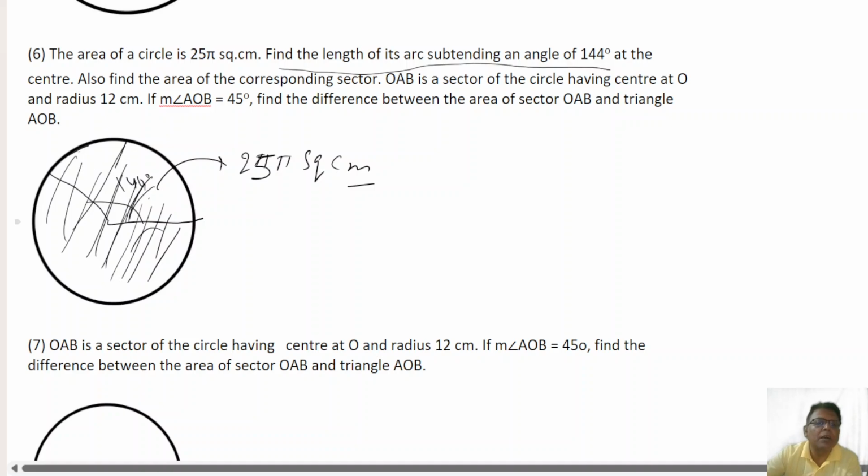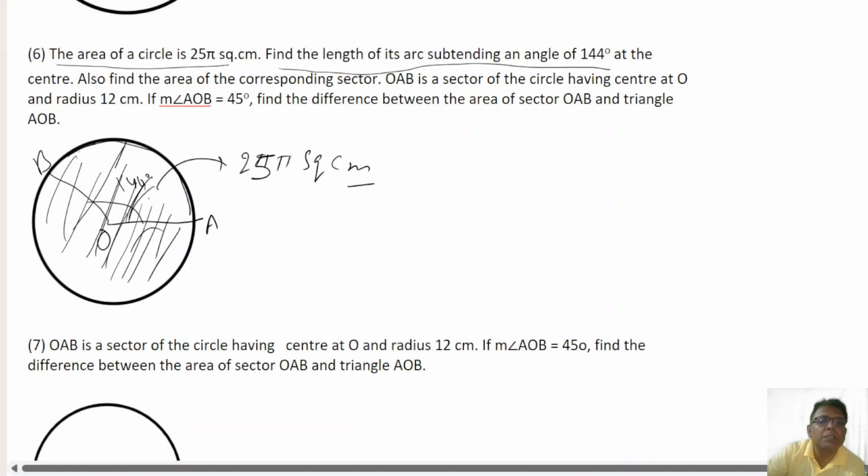So we have to find the arc length. Also find the area corresponding to sector OAB. OAB is the sector of a circle having center O and radius 12. Find the difference between the sector OAB and the triangle.